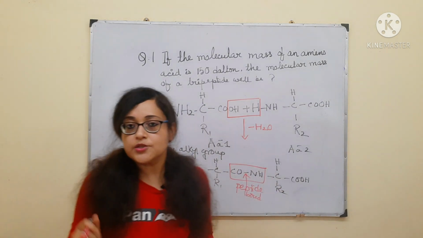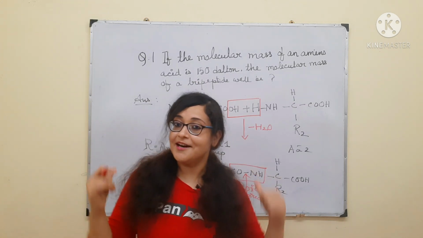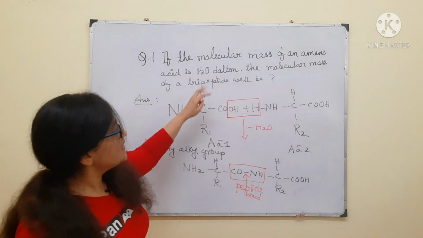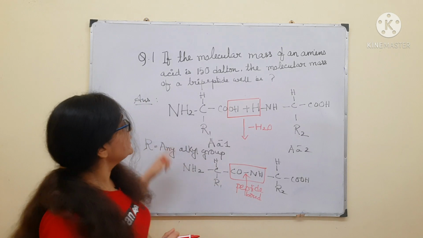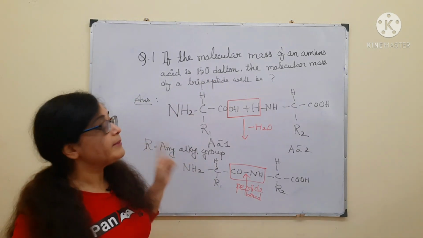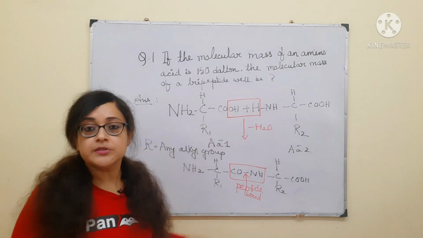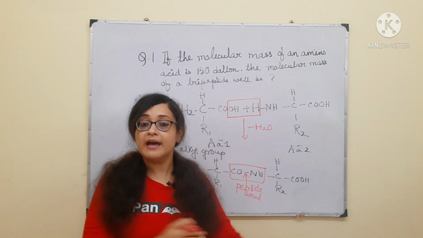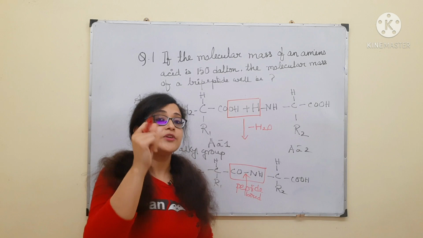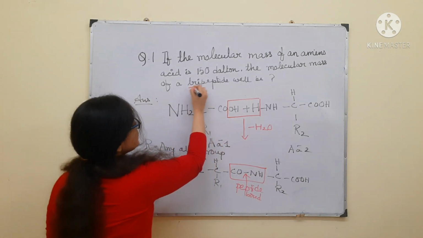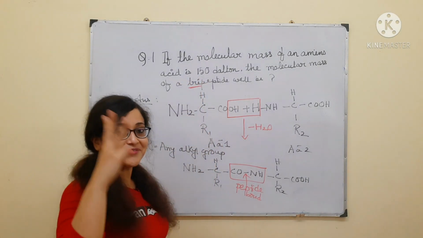So I think it's clear to all of you. Now let us come to the question. In the question, it has been mentioned that if the molecular mass of an amino acid is 150 Dalton, the molecular mass of a tripeptide will be. So first we have to know how many amino acids will be there in a tripeptide. See, as the name suggests, tri stands for 3.